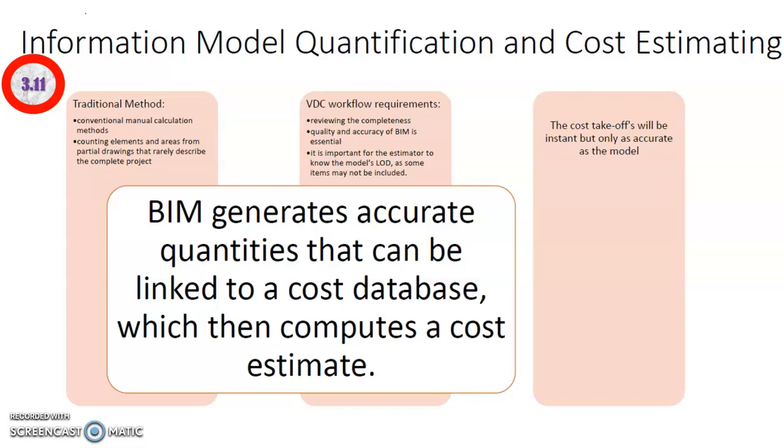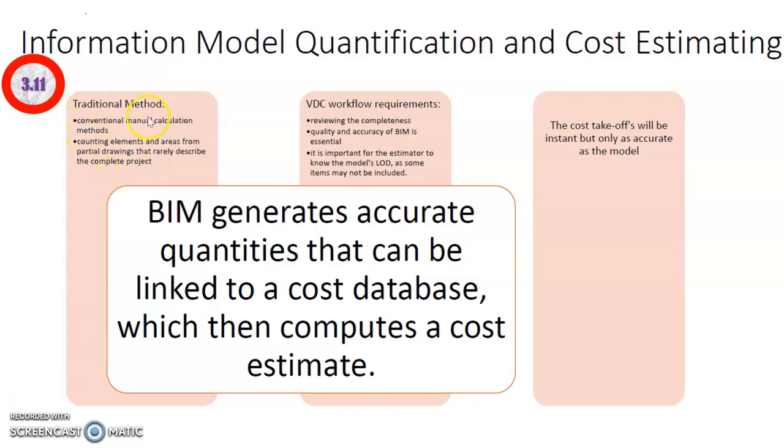VDC often will include BIM, and the BIM generates an accurate quantity which can be linked to the cost database. We call it the 5D model, which I'll talk about in the later part of the slides, and that allows the stakeholders to compute the cost estimate for the project.